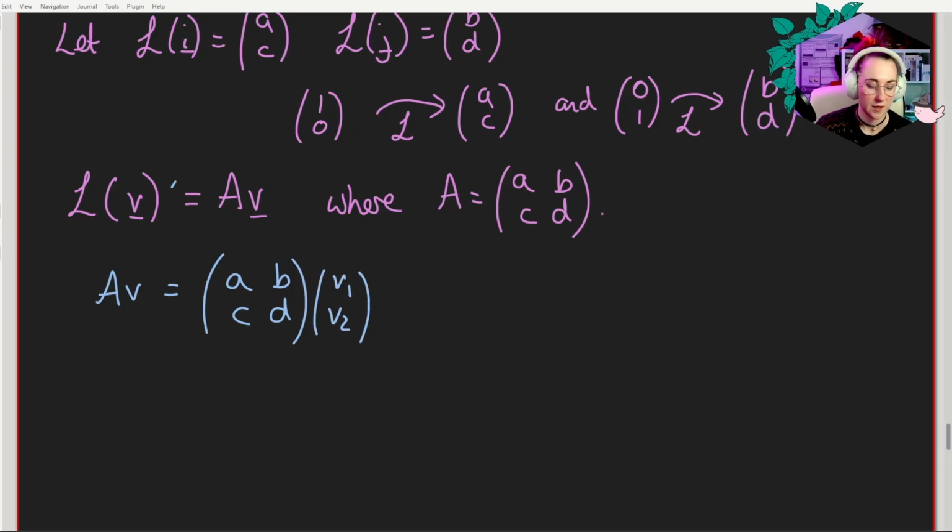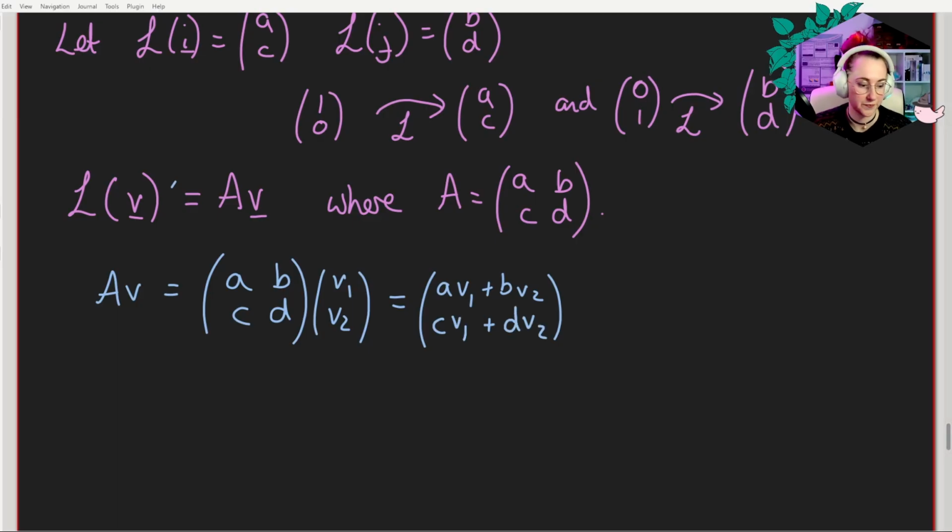Doing my matrix multiplication, the first entry is the first row of the first matrix times the first column of the second matrix. So that's AV1 plus BV2, and there are no more columns, so we're all right. Then the second entry is the second row of the first matrix multiplied by the first column of the second matrix: CV1 plus DV2.